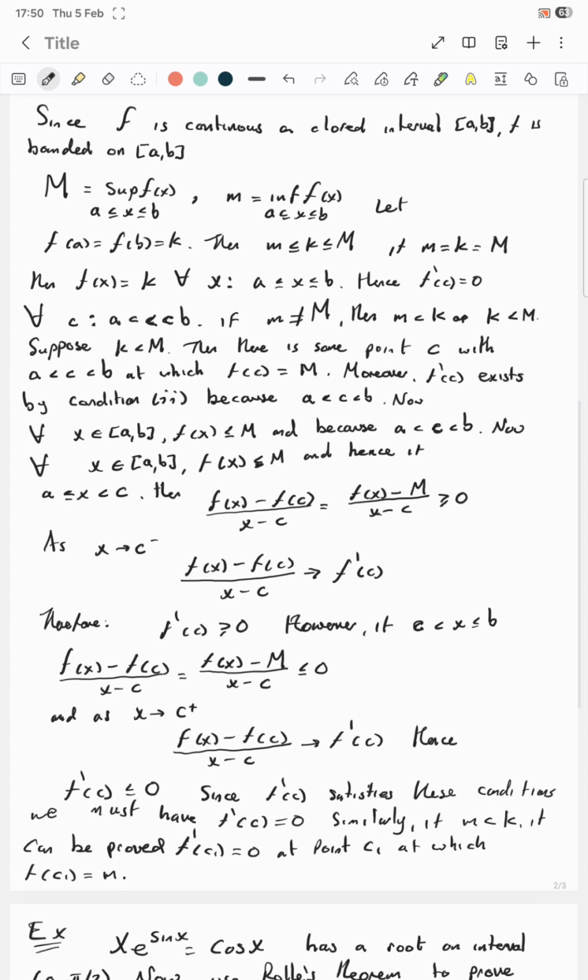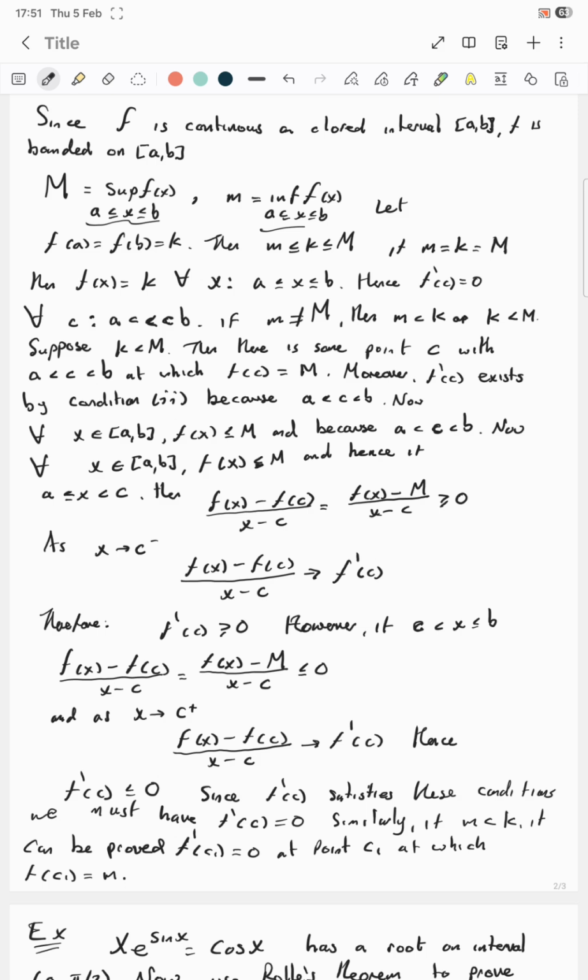Now, since f is continuous on a closed interval [a, b], f is bounded on [a, b]. Now, let M be the supremum of f(x) where x is between a and b, and m the infimum of f(x) where x is between a and b, and let f(a) equals f(b) equals k.